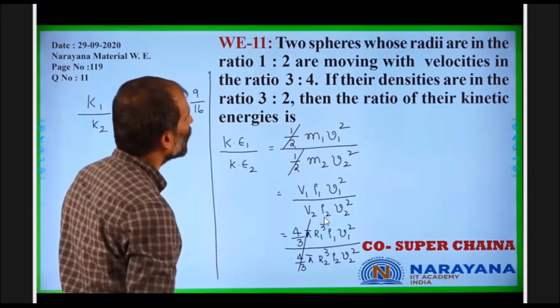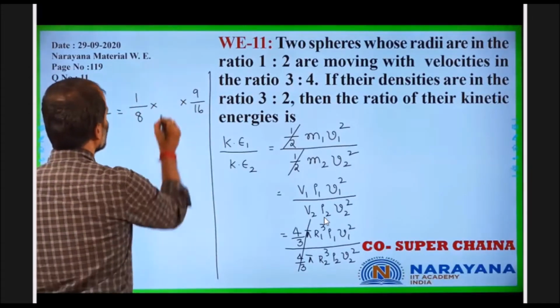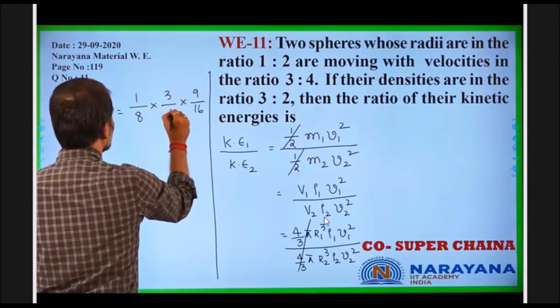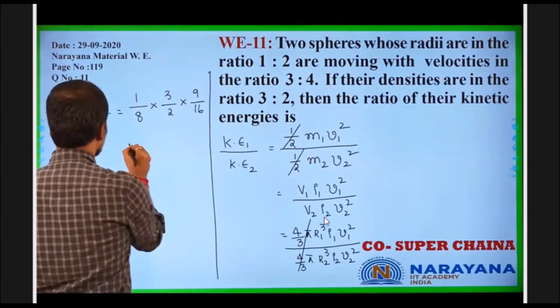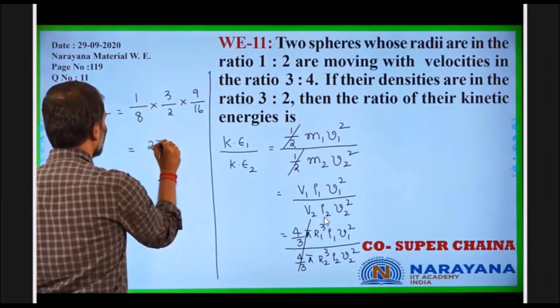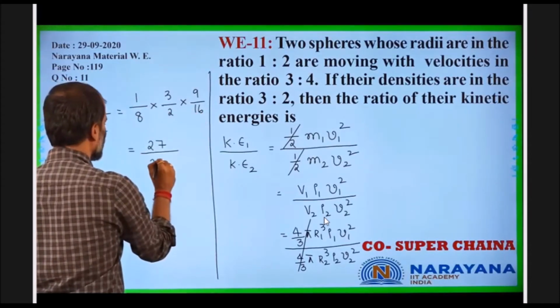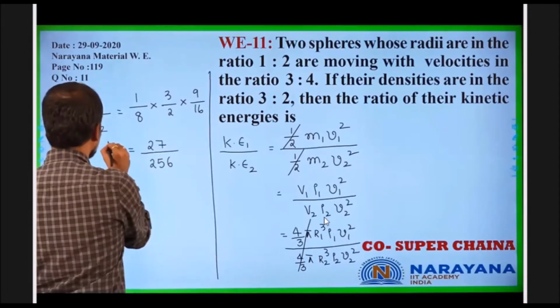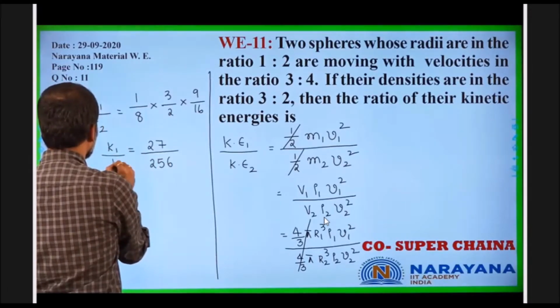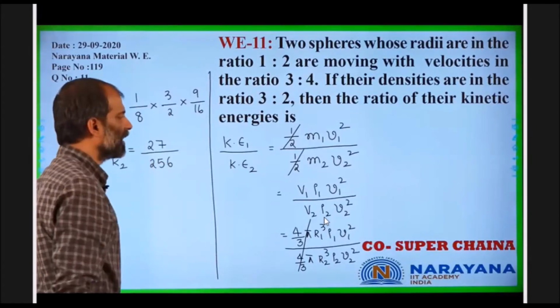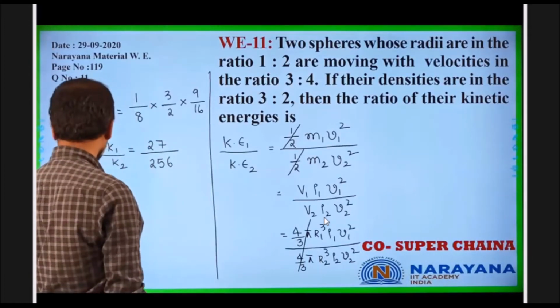And rho 1 by rho 2, densities are in the ratio 3:2. So it is 27 upon 8 twos are 16, 16 sixteens 256. It is 256, the ratio of the kinetic energies, right?